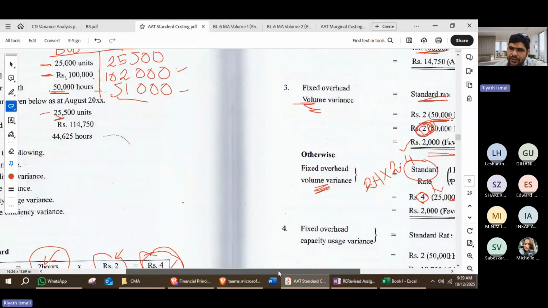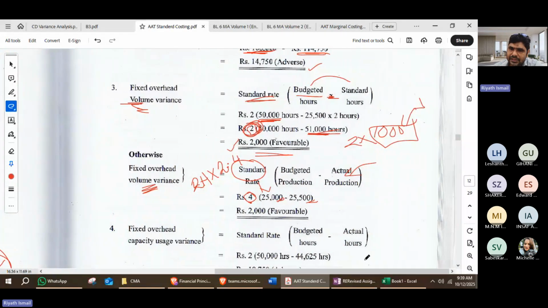So the difference between budgeted and the standard is 500. 500 into 4, so therefore 2,000 favorable.